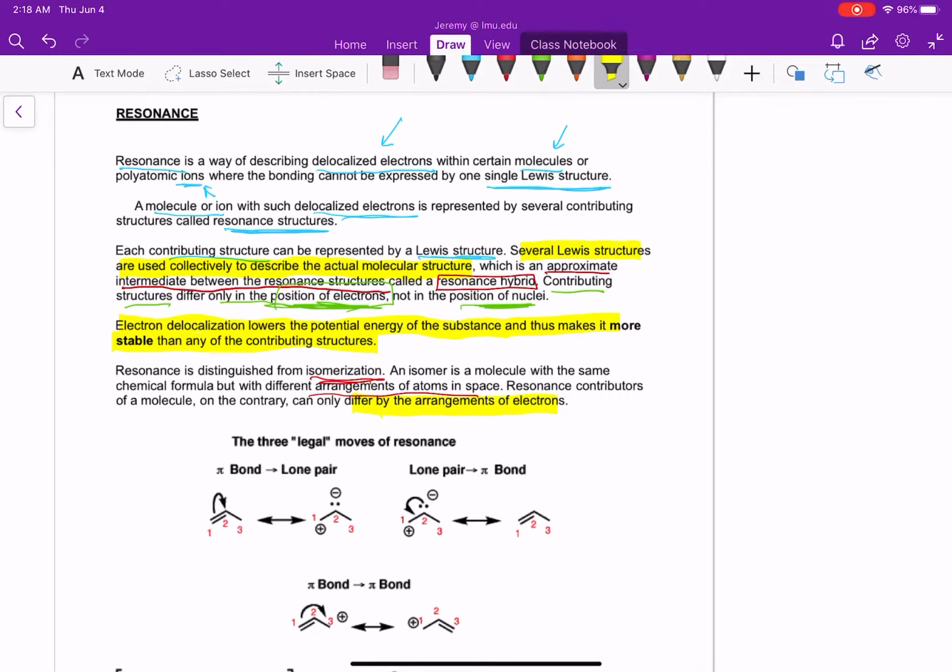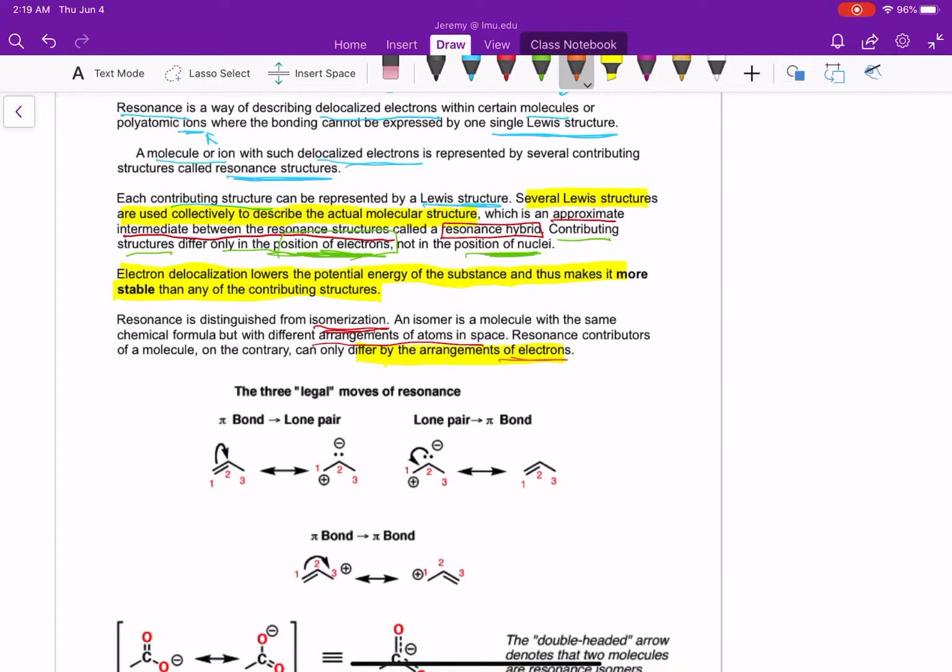When we talk about how we arrange electrons, we can use arrows to show the flow of electrons. We've spent a lot of time talking about mechanisms, so when we're drawing mechanisms of how reactions take place, the order in which bonds are broken and made, we use these arrows.